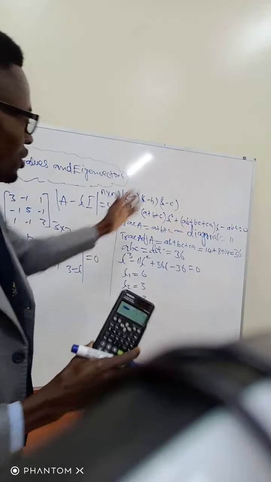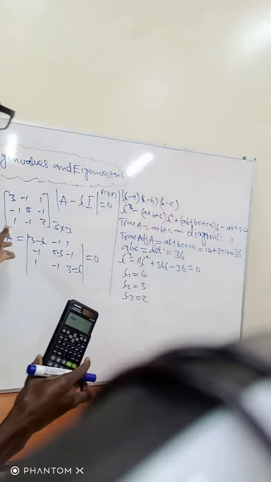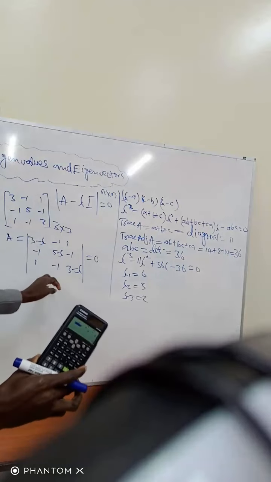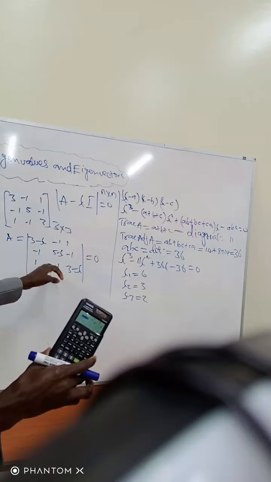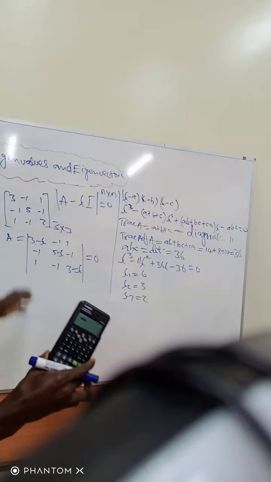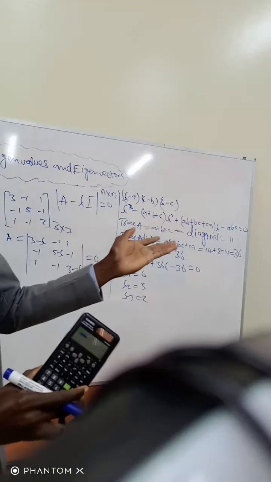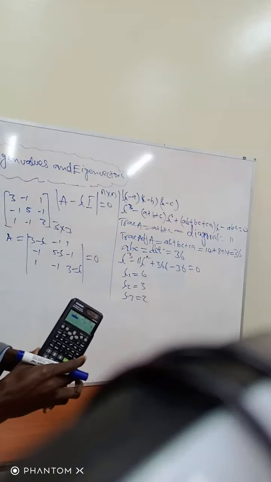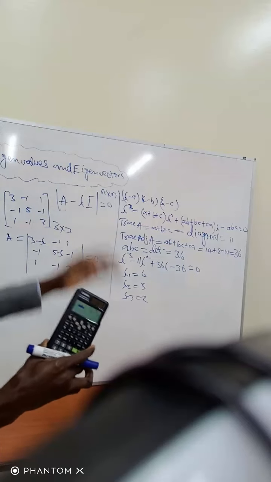But if you don't know how to use this formula, then you have no other choice than to go the long way by finding the determinant of this 3 by 3 matrix. To find it, you block the first row and first column and take the corresponding rows and columns. You do the same thing in the second row, and the same in the third row.